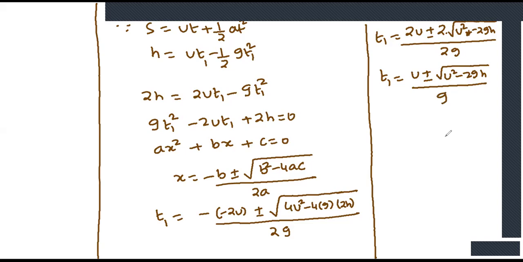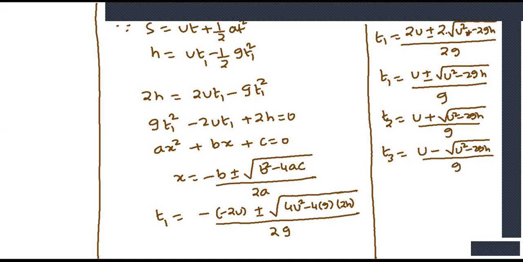So it will have two values, two roots: u plus under root u square minus 2gh by g, and u minus under root u square minus 2gh by g. Instead of t2, I consider them as two roots, T0 and T3.